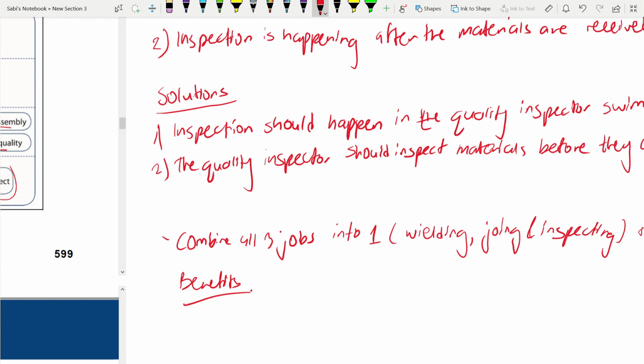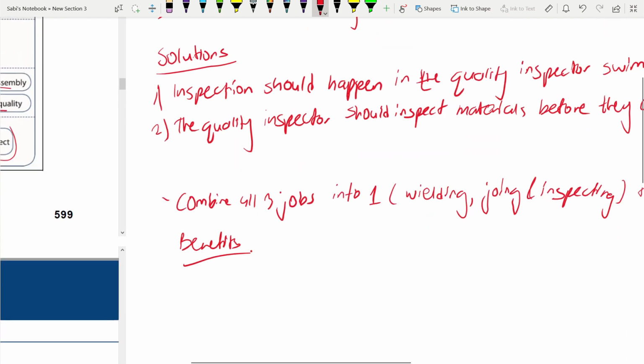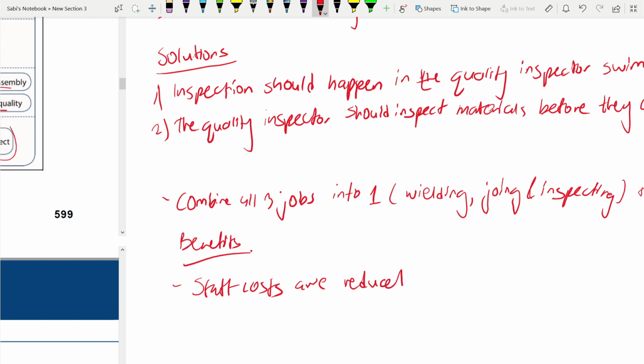We are changing to get the benefit. So what are the benefits of this? Staff cost, exactly. Rather than paying three separate salaries or wages, you just have to pay one person. So staff costs are reduced. Second benefit could be the process becomes very efficient now.